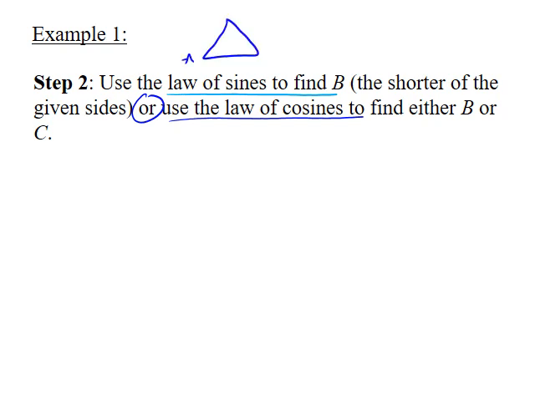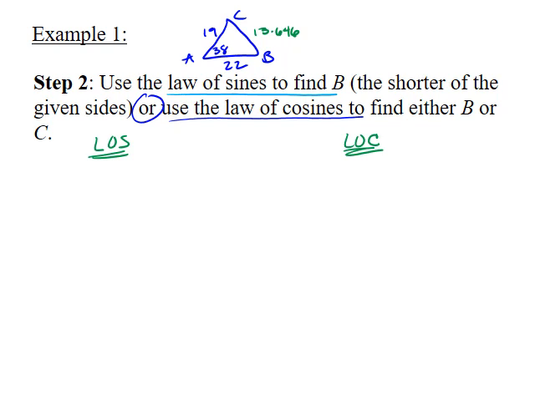So let me just sketch this picture, and this is how it was labeled on the previous slide. So this is 38, 19, and 22, and then we just found this other side to be 13.646. So I'll show you both methods, okay? So the law of sines and then the law of cosines.